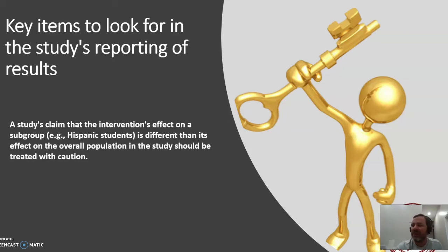Specifically, it's recommended that you look for corroborating evidence of such subgroup effects in other studies before accepting them as valid. This is because a study will sometimes show different effects for different subgroups just by chance, particularly when the researchers examine a large number of subgroups and/or the subgroups contain a small number of individuals.